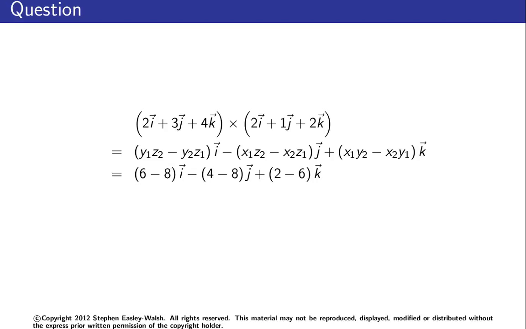Let me just double check that. 3 times 2 minus 4 times 1. Yes, 3 times 2 is 6, minus 4 times 1. So it should be 6 minus 4, 4 minus 8, and 2 minus 6. So that should be 2i minus 4j minus 4k. Sign mistake, that's a positive 2i, not negative. Sorry about that. I'll fix it in the notes when I upload them, so when you download the notes, you won't have that typing error in it.